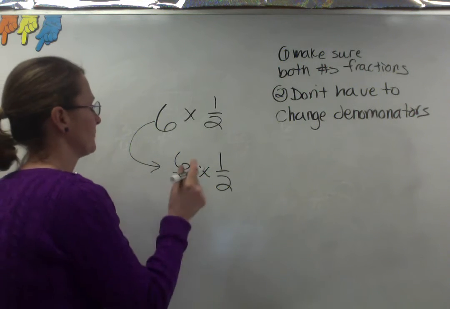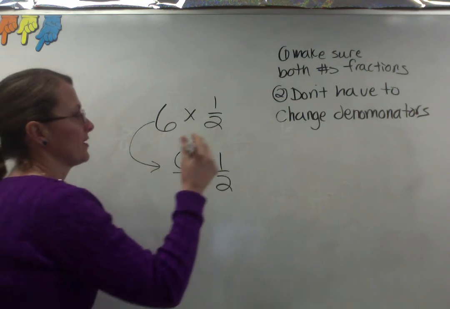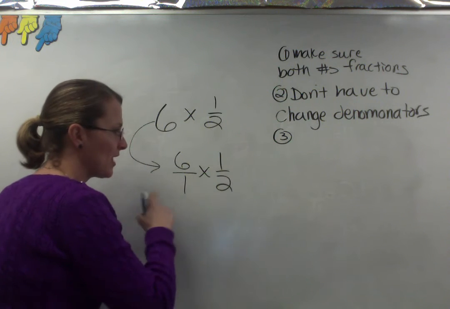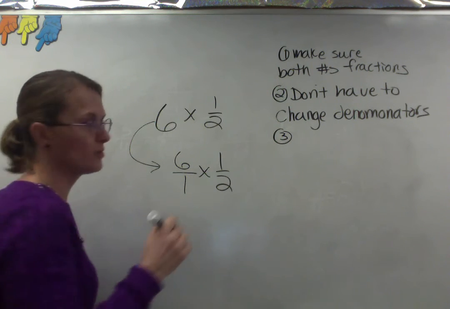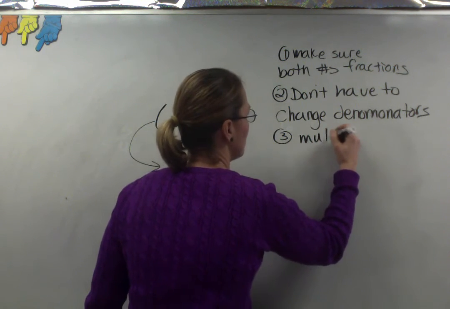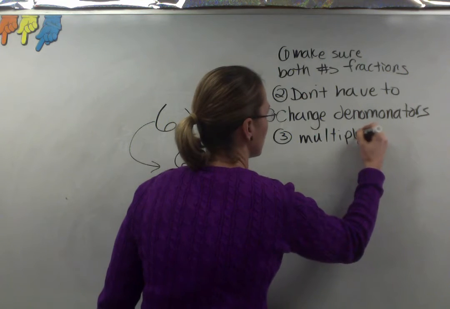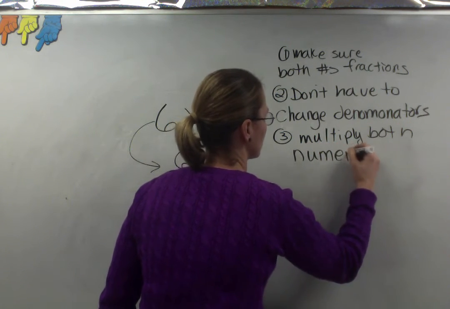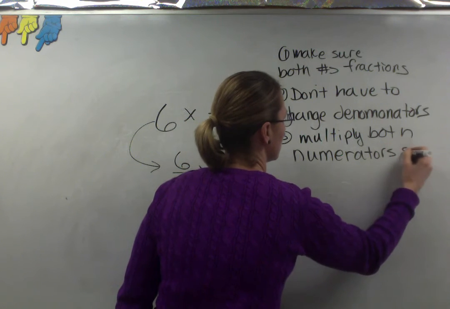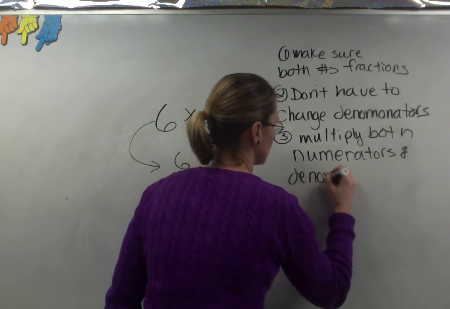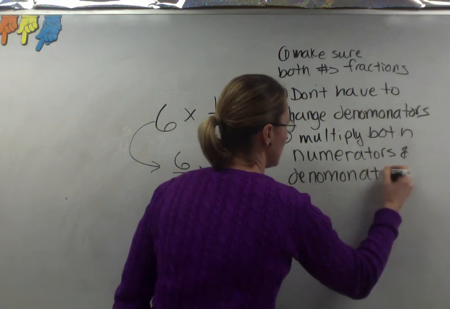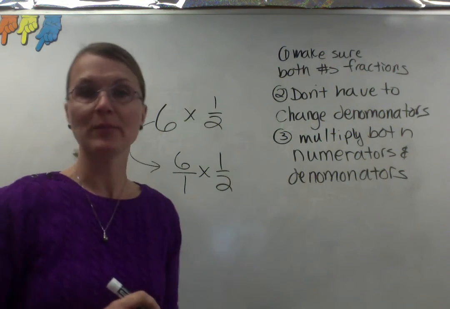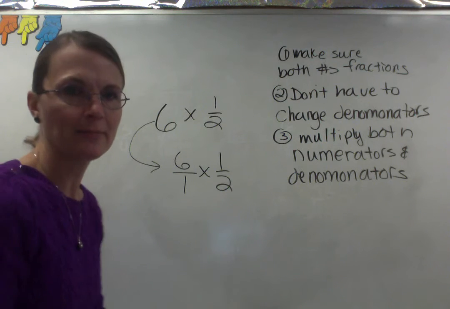This time, you get to multiply both the numerator and denominator. Remember, when you're adding and subtracting, the denominators stay the same. When you're multiplying, you can multiply them, okay?